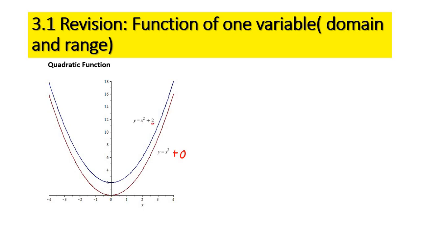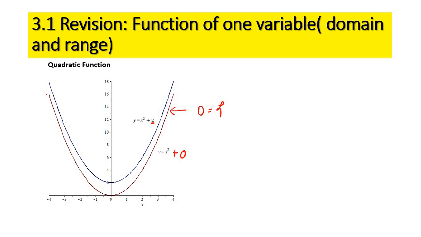Now y is added up with 2. So the graph will be shifted up 2 units. Shifted up 2 units here. So in this case, I would like to ask you, what is the domain for the function y equal to x squared? This one. What's the domain?